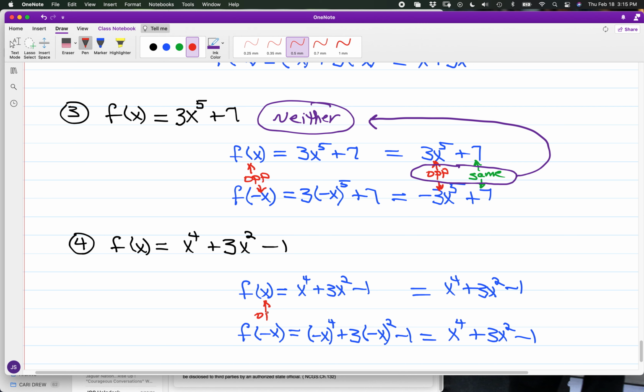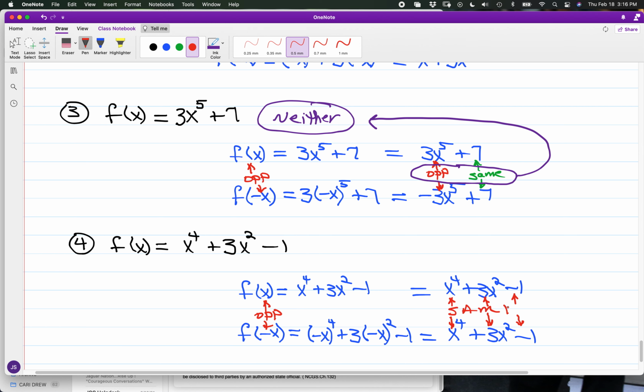So again, the inputs are opposites. For f of x, we have x to the 4th plus 3x squared minus 1, and for f of negative x, we have x to the 4th plus 3x squared, and also minus 1.